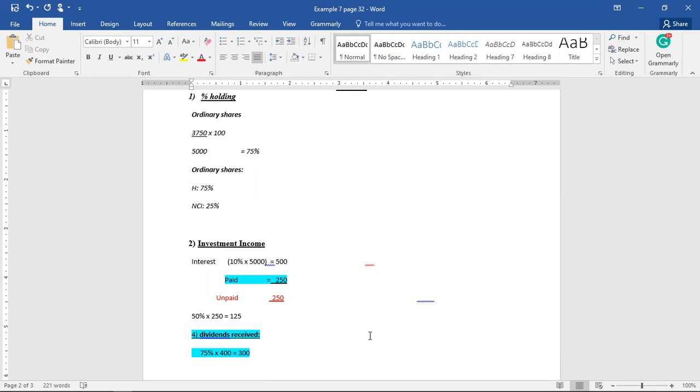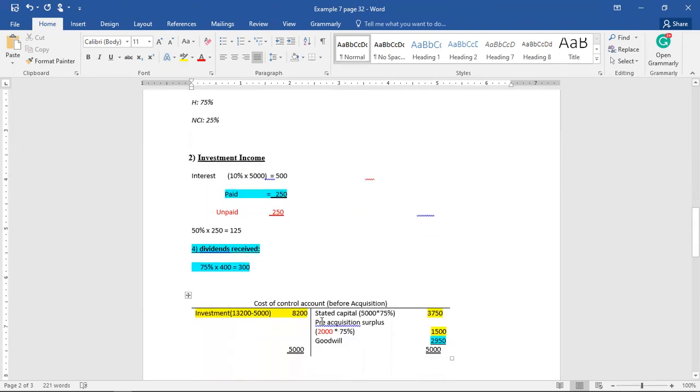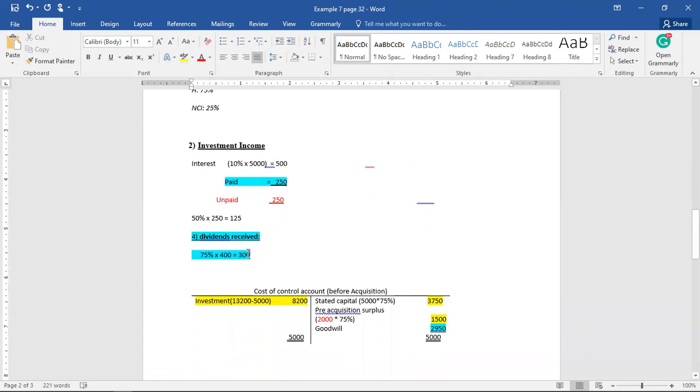So with that, I need to recognize it in my account. Then dividend. The subsidiary also declared a dividend of 400, and 75% of the 400, which is 300, becomes the parent's portion. So therefore, if I want to know my total investment income, then 50% of the 250 that is yet to be paid becomes that of the parent's own.